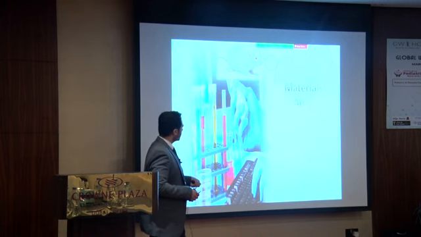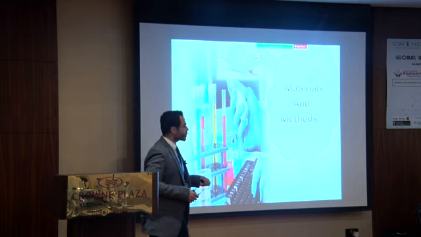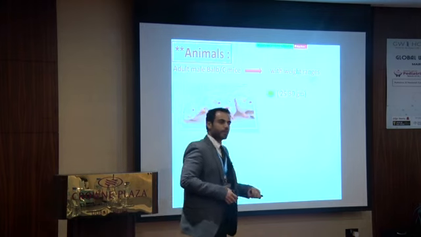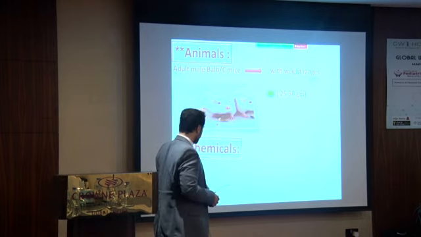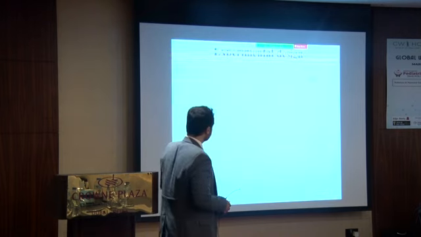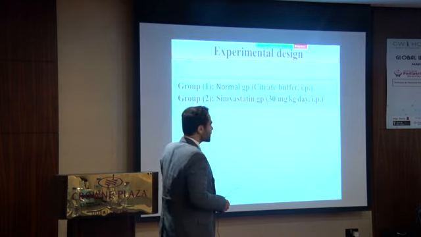To fulfill this, we used adult male mice weighing from 25 to 30 grams, and all the chemicals used were of high analytical grade. We allocated the animals to 4 groups.